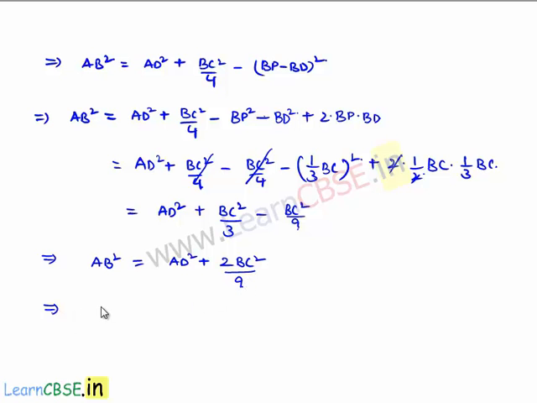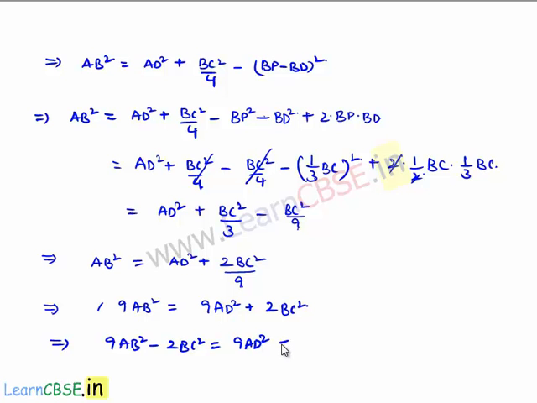That implies, let us cross multiply with 9, then we get 9 AB square is equal to 9 AD square plus 2 BC square. That implies 9 AB square minus 2 BC square is equal to 9 AD square. That implies 9 AD square is equal to 9 AB square minus 2 BC square.